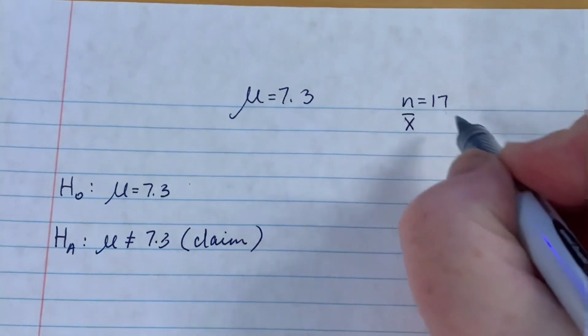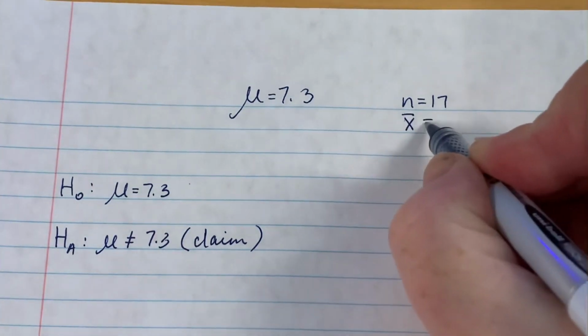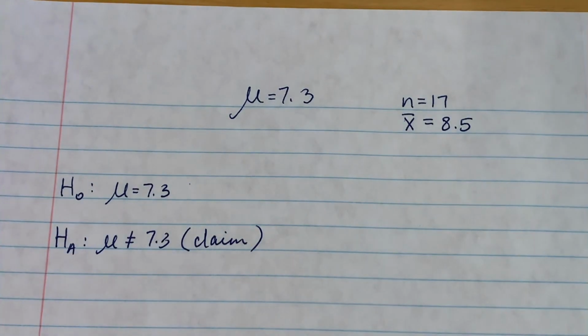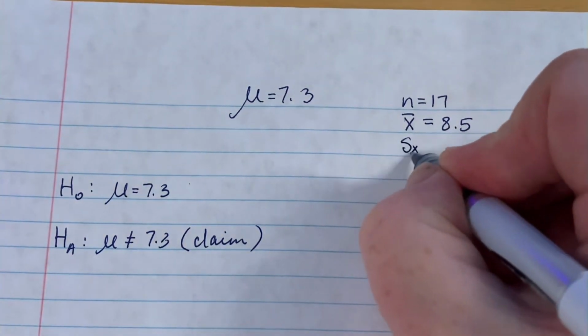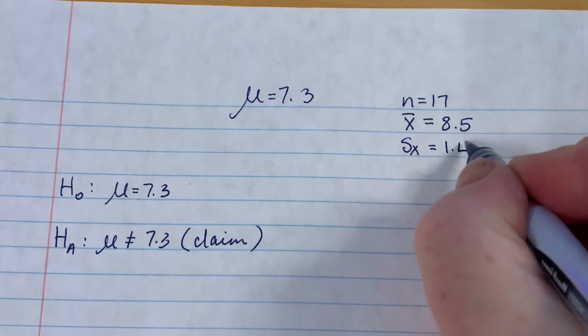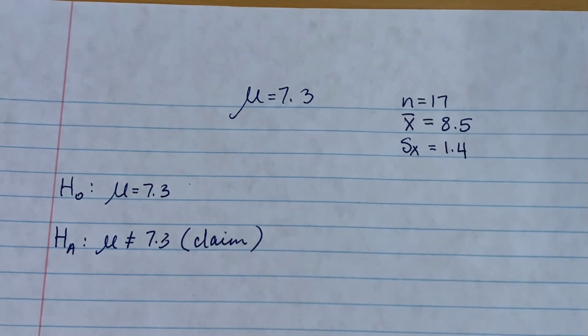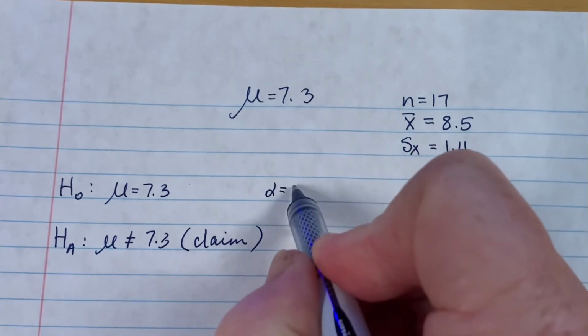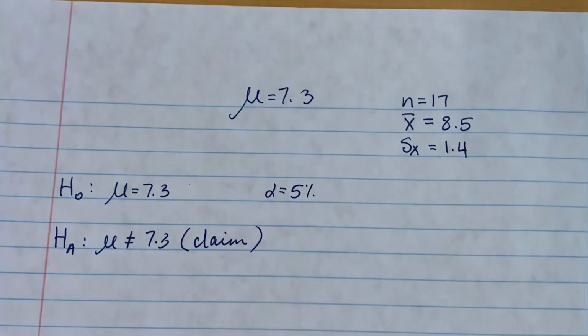This is the X bar of your sample. The standard deviation of the sample, so this is not sigma, this is S of X, is 1.4 hours. Also we have a significance level, alpha, of 5%.